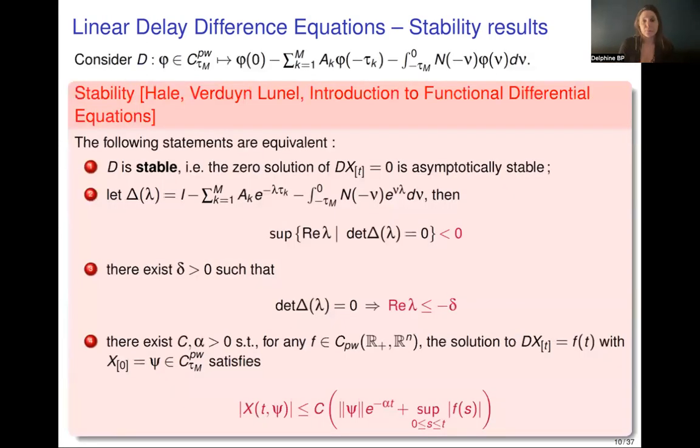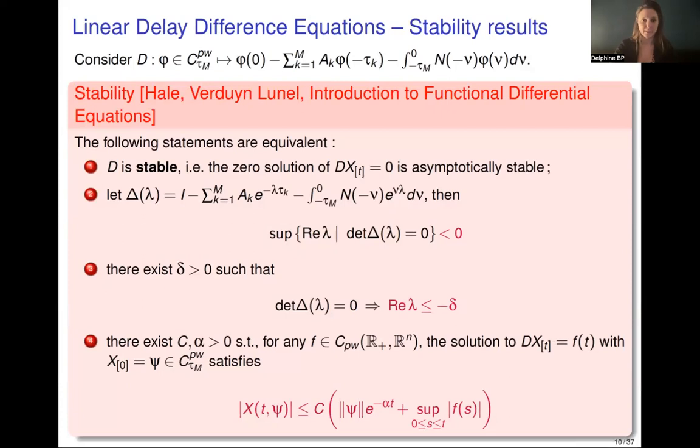Now, a few remarks on how we can equivalently write the stability of this type of equations. So again, in the book of Ayle and Virginia, you have the following result, which says that the operator D corresponding to our equation is stable. The operator is called stable if the zero solution of the equation is asymptotically stable.